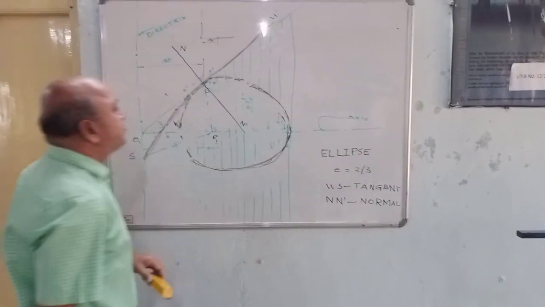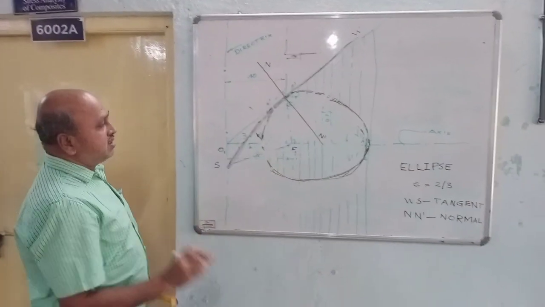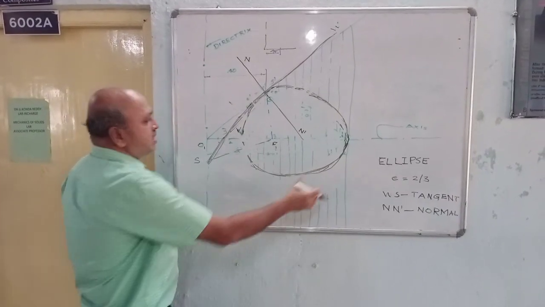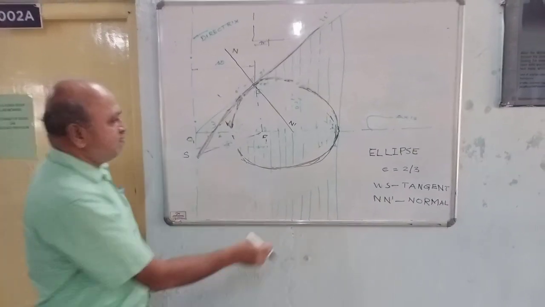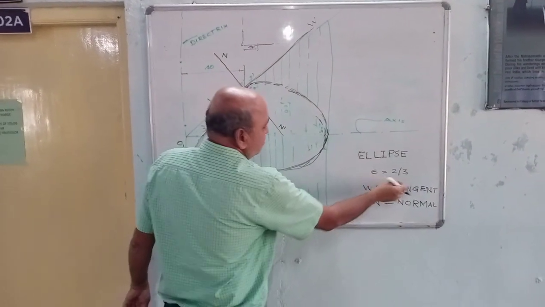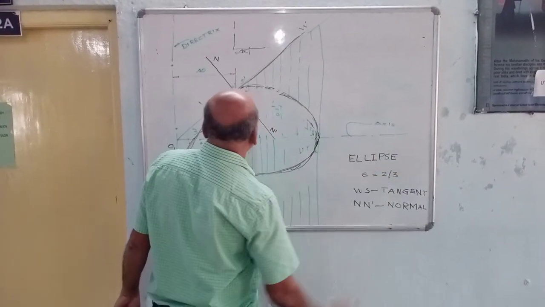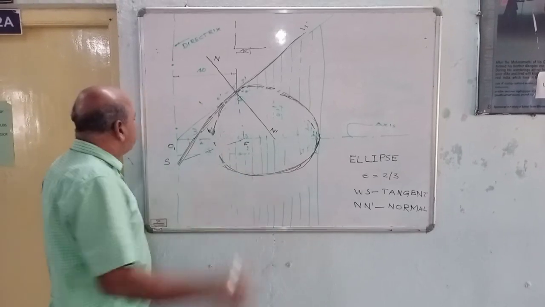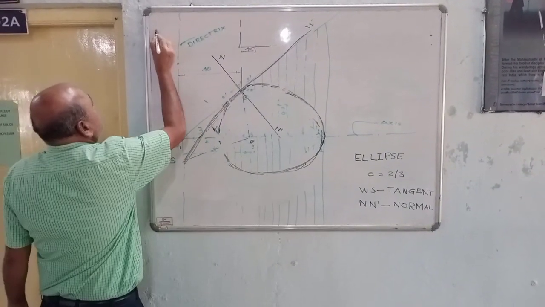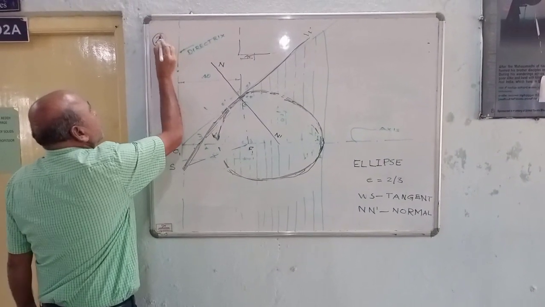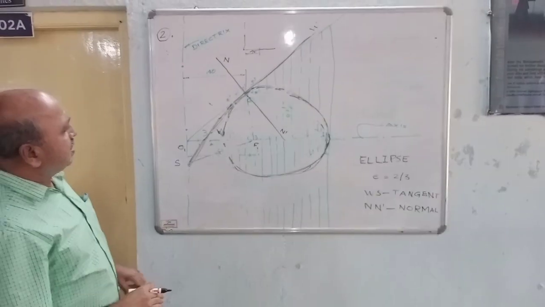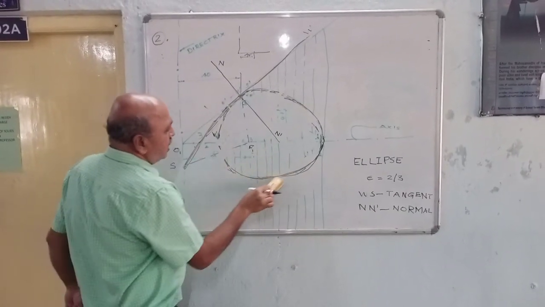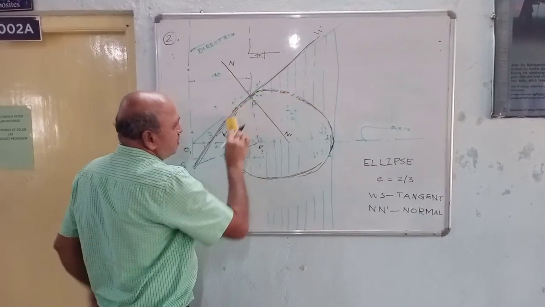This much is enough. I think you are understanding this. Write it properly using capital letters. Of course, the representation of eccentricity is generally in small letters, so write e equal to 2 by 3 at the bottom. And of course, write the question number; it is the second question. Write neatly. This is how you have to do it. Once again, I will tell you: the curve only with HB pencil.